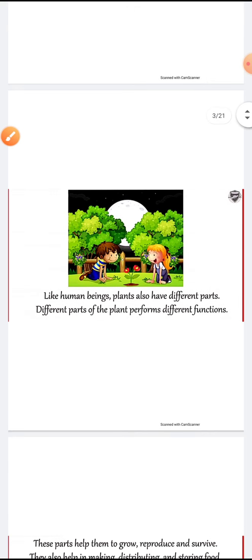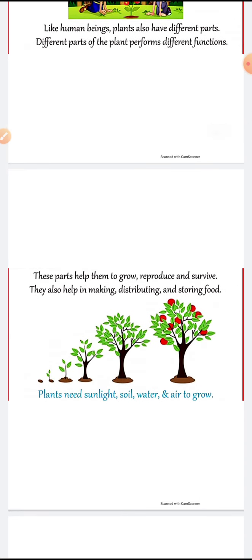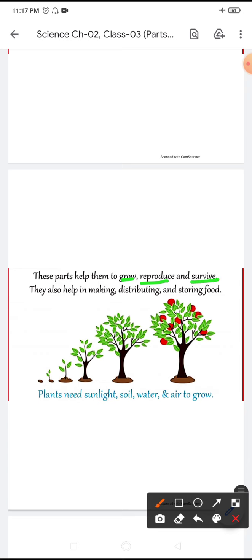See, like human beings, plants also have different parts, and different parts of the plant perform different functions, and these parts help them to grow, to reproduce, and survive. And they also help in making, distributing, and storing food in the form of starch.